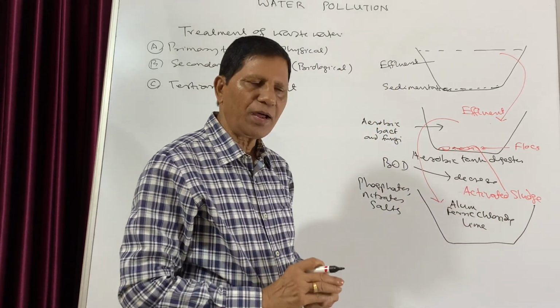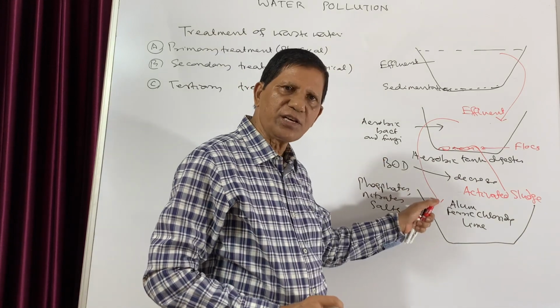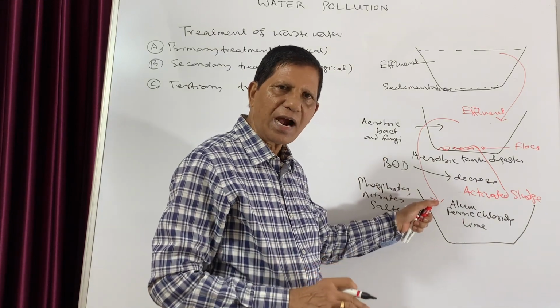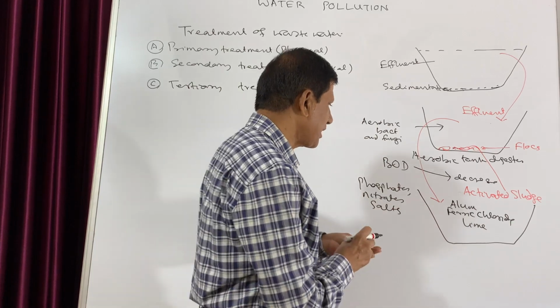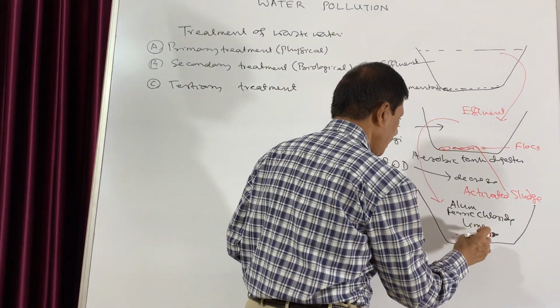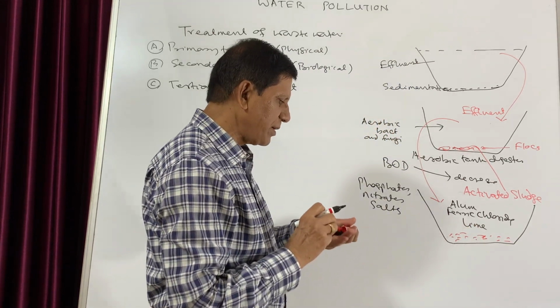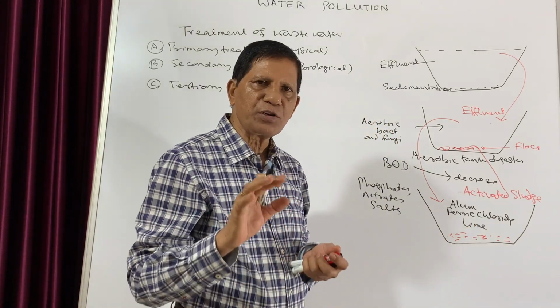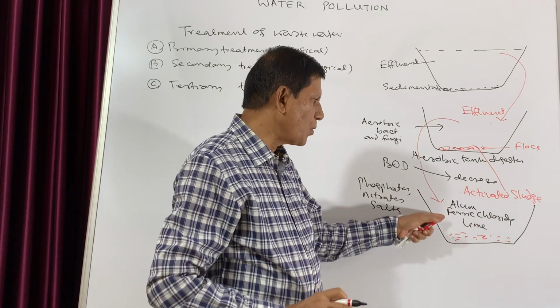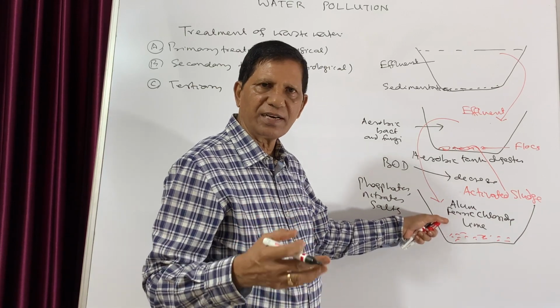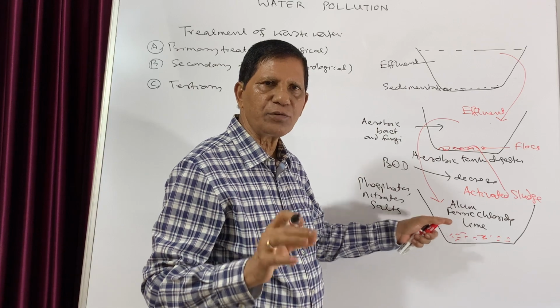As a result, if there is still any solid substance or salts and phosphates, they will be settled at the bottom. That means 90% of the solids and phosphates will be settled at the bottom. Only some of the salts like nitrates and some other materials will be there.